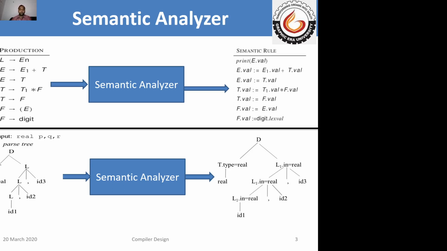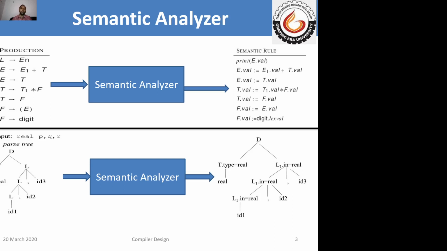If I generate the semantic rules for D generates TL, T generates real, L generates L comma ID and L generates ID, here the T dot type is real, and above it is E dot val. So in the upper diagram E dot val and in the lower diagram T dot type. So what are dot type and dot val?